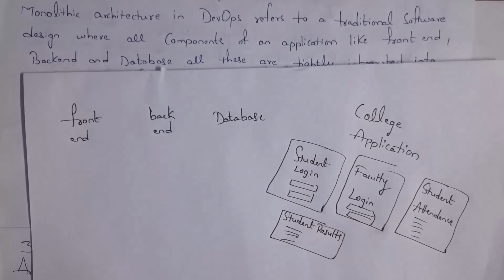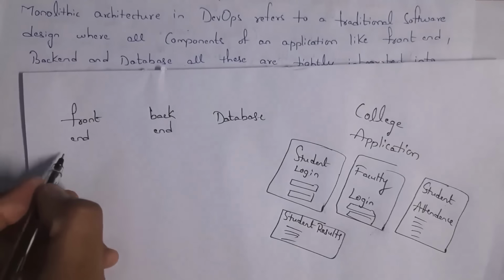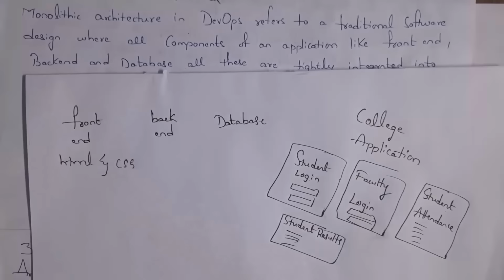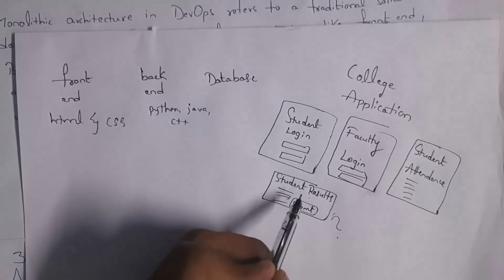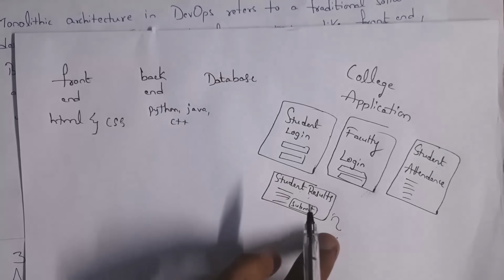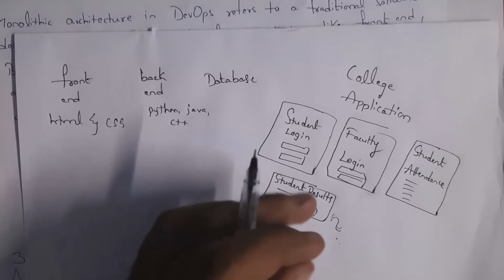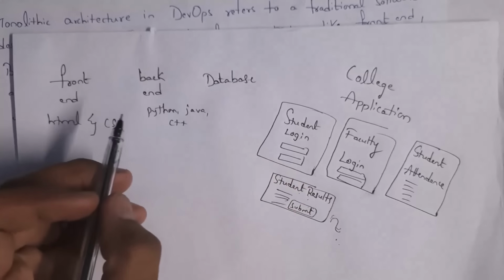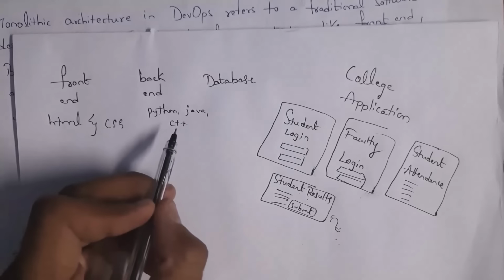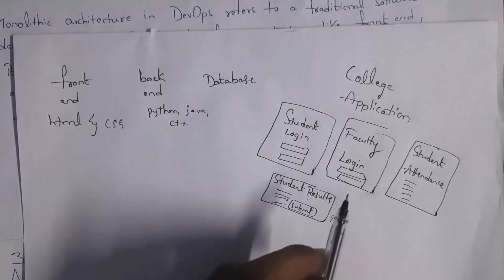So basically I created this front end application by using HTML and CSS. In the student results page, whenever I enter my roll number and click on submit, automatically I can see my results. How did it happen? Because in the backend, I wrote some code by using programming languages like Python, Java, C++. I wrote some kind of code.